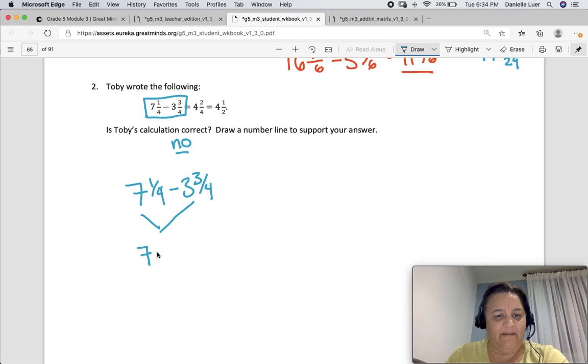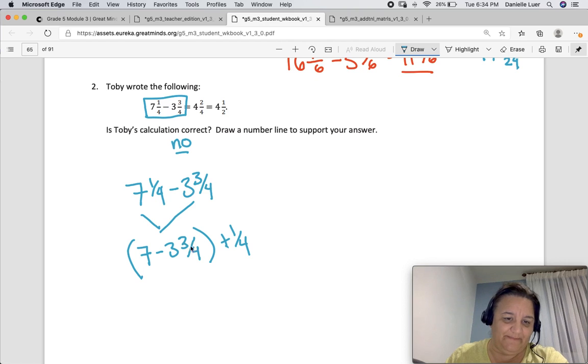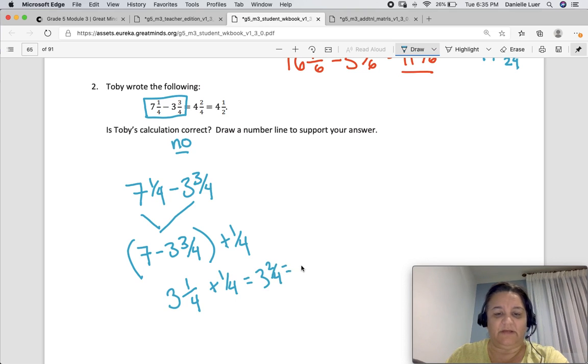Okay, so 7 minus 3/4, oops, 3/4, not 4/4, minus 3/4, and then we're going to add that 1/4 back on. 3/4 plus 1/4 would make it 4, so that's 1/4, and then 3 minus 4 would be 3, and then over here we're going to add that 1/4 back on, and that gives us 3 and 2/4, which also equals 3 1/2.